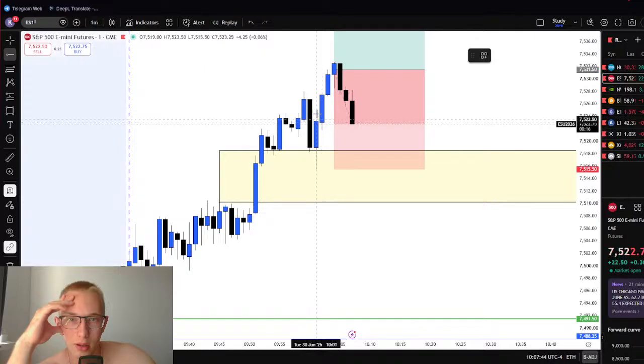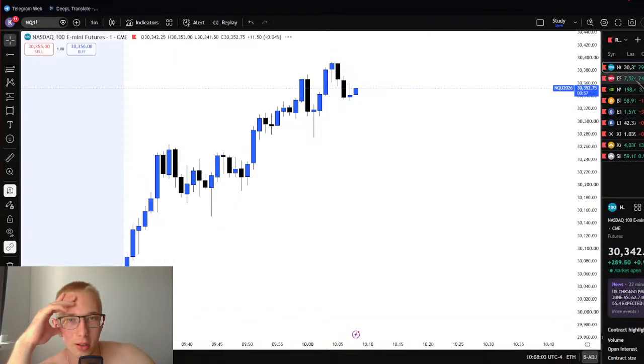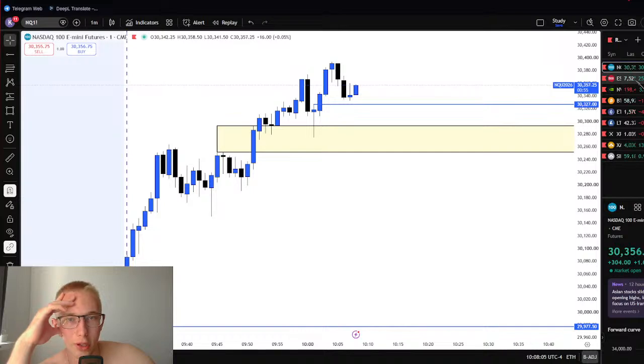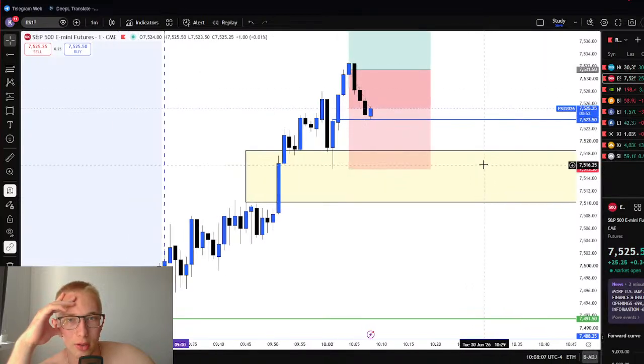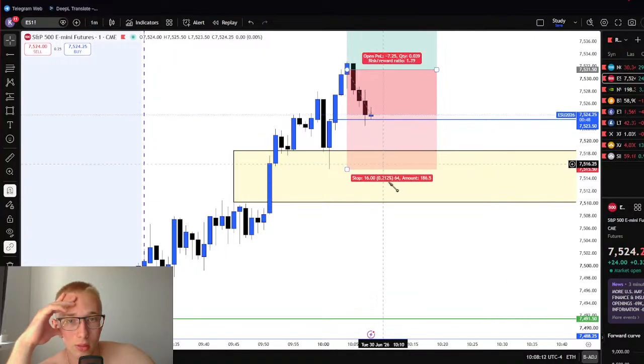If you break that and not stop me out, I'm going to close this trade. I don't really want to over risk. We did not close here, so for now I'm gonna still stay in this trade, but I'll probably close it soon.